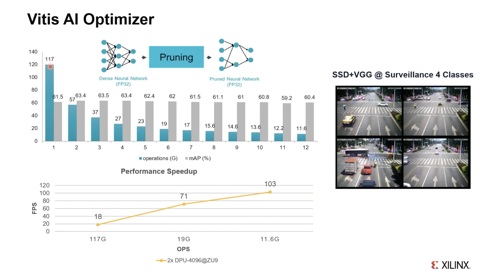Okay. The gray bars indicate the metric that's often used for this kind of object detection, which is mean average precision, or MAP. You can see at the very start, we've got 117 gigaops necessary for processing one frame and a mean average precision of 61.5.